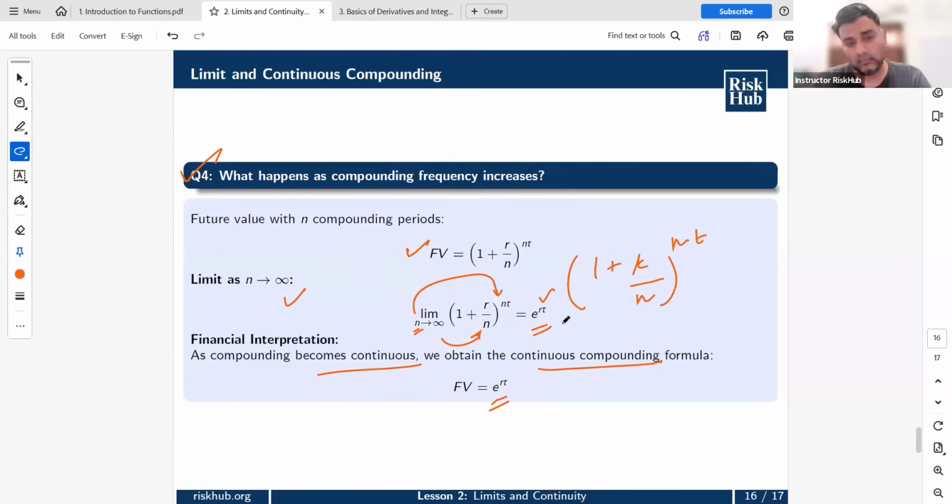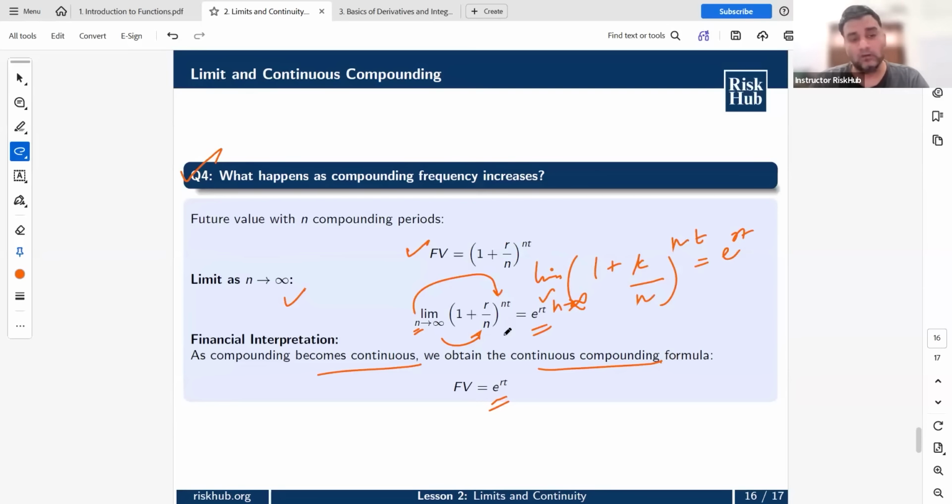This is your e^(rt), because in simple words, compounding is when you multiply, whereas a linear function is when you add a constant amount each year. Compounding is different from adding the same amount each year.